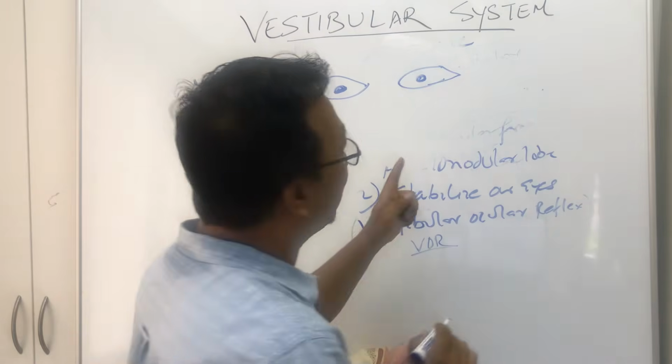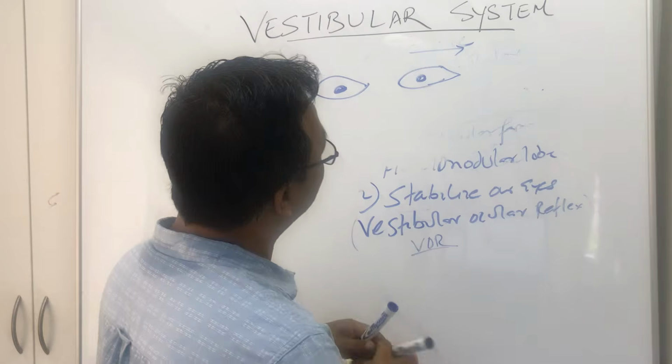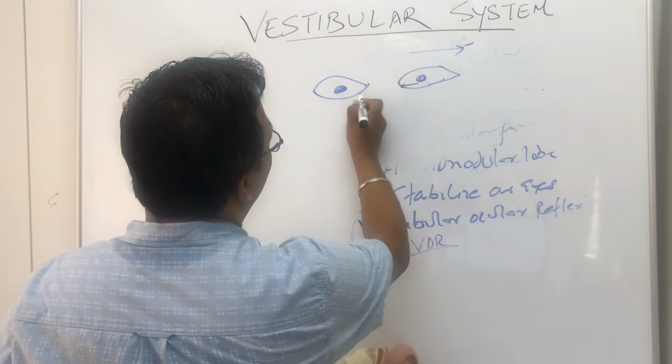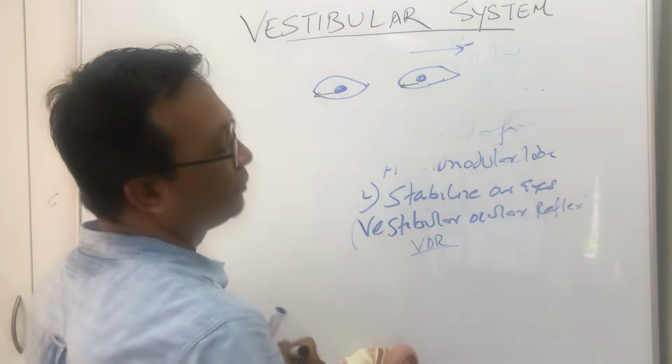So when our head moves to the left, due to the vestibulo-ocular reflex, our eyeballs will always move to the opposite side.